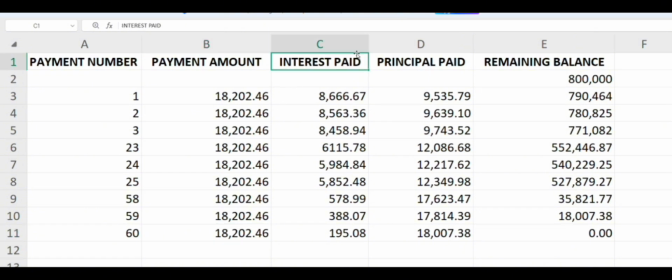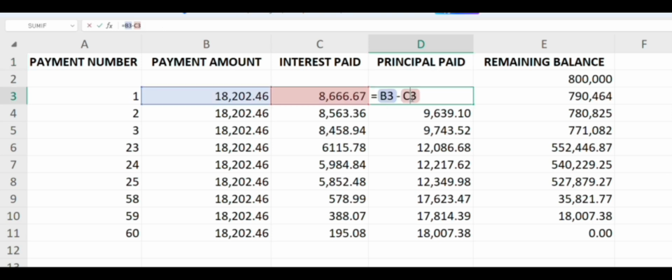And for our interest paid, in order for us to get this value, we need to multiply our remaining balance, which is 800,000, to our rate, which is 0.13 divided by 12. And by doing that, it will give us the value of 8,666.67. And for our principal paid, we need to subtract our interest paid from our payment amount.